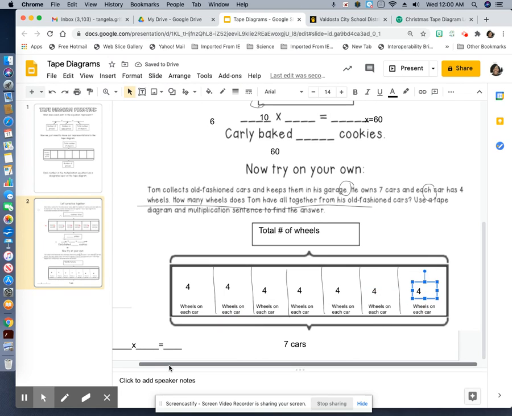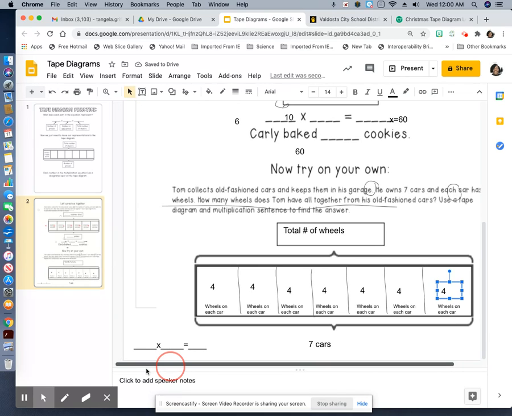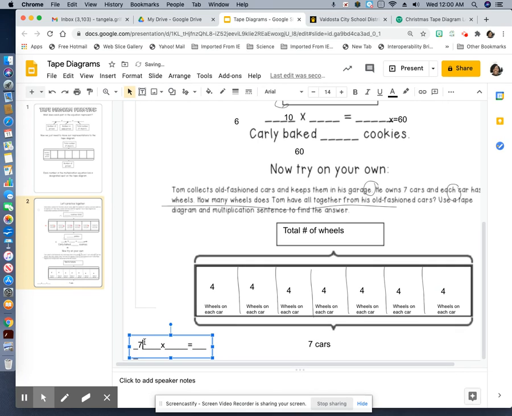Okay, so the number of cars we have is 7, so that would be our first number over here. So 7 would go there. And then the number of wheels on each car would be 4.